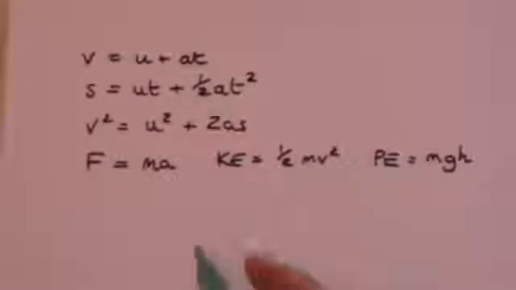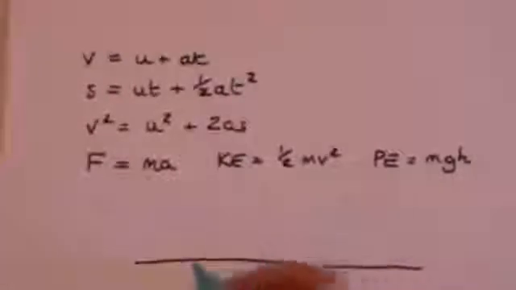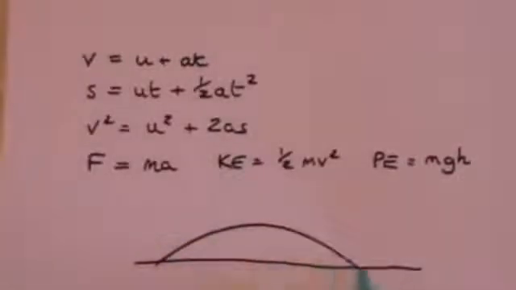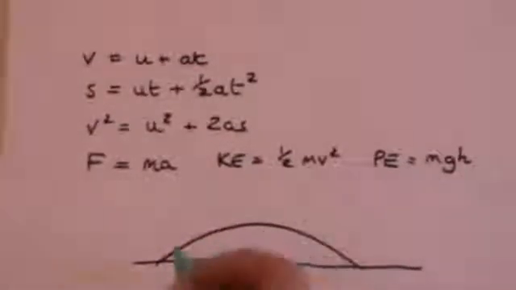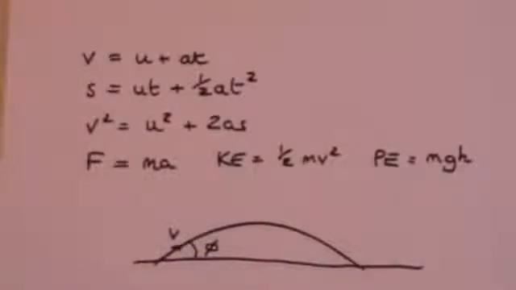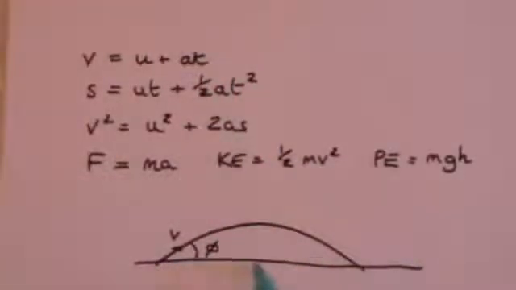And for example, if I were to give you the situation of a ball that is thrown at an angle into the air, it describes a parabola. And if I were to tell you the initial velocity of that ball and the angle at which it was thrown, then you could tell me everything I wanted to know. Using these formulae, you would be able to tell me the total range that the ball would take.